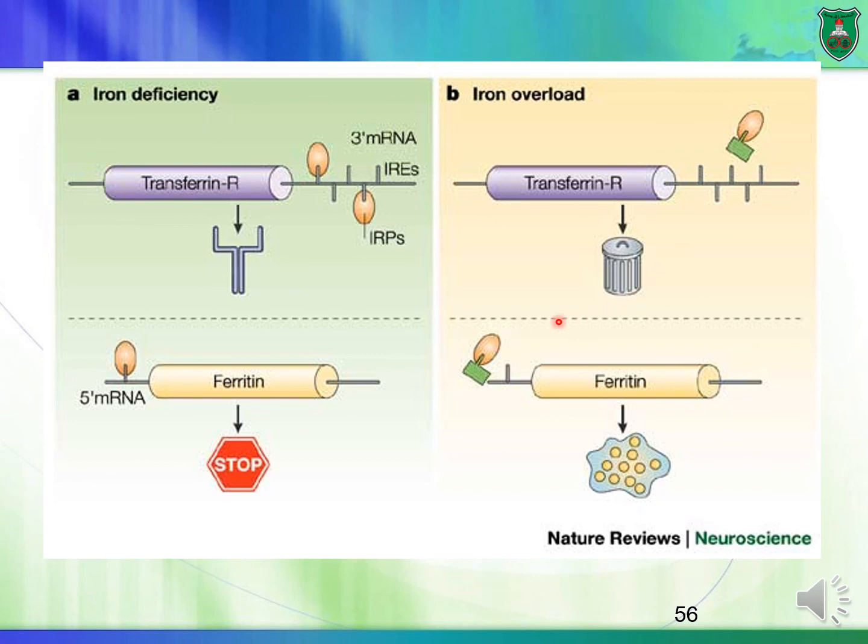At the same time, iron binds to the iron response element binding protein, releasing it from the 5' end of the messenger RNA of ferritin, allowing translation of the ferritin messenger RNA to start, producing a lot of ferritin, so that this iron can then be stored in liver cells.